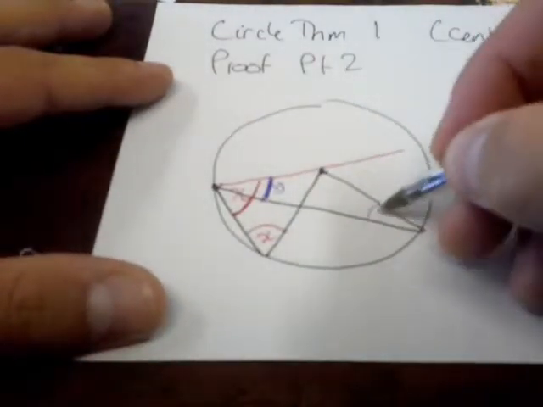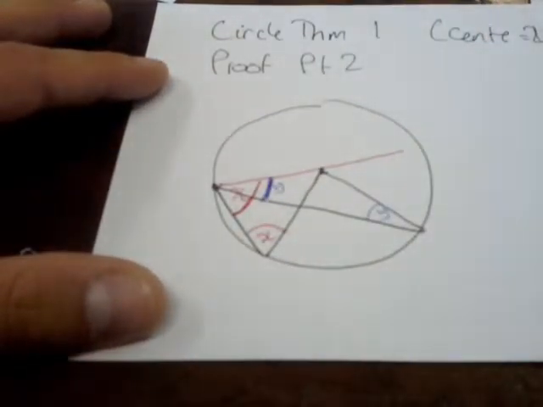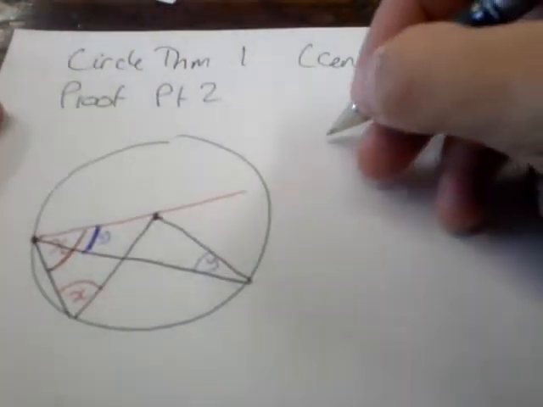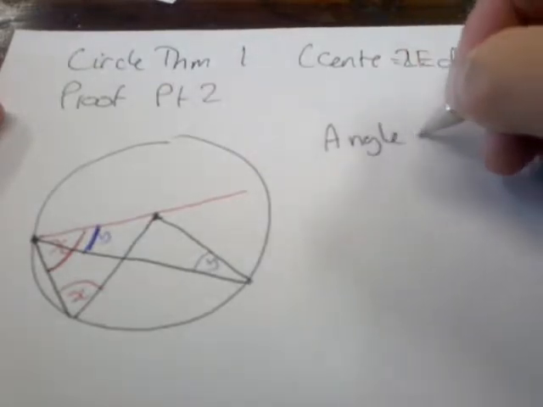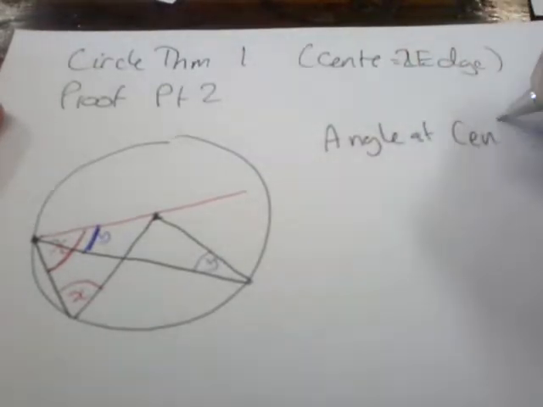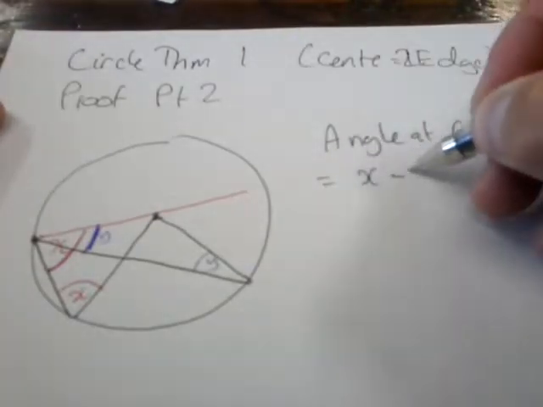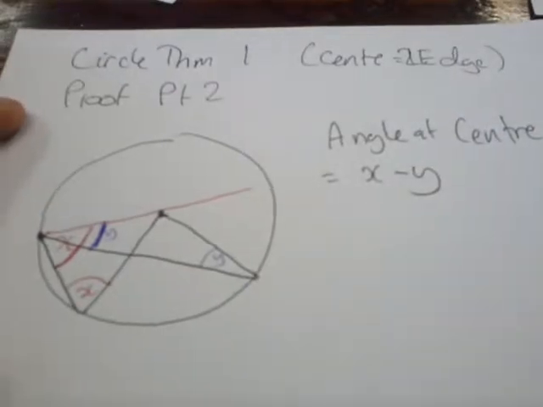It means that that is angle y. Okay, just to clarify, I'm going to write this already. The angle at the centre, in the previous proof, was x plus y. It's now actually x minus y. Okay, good.